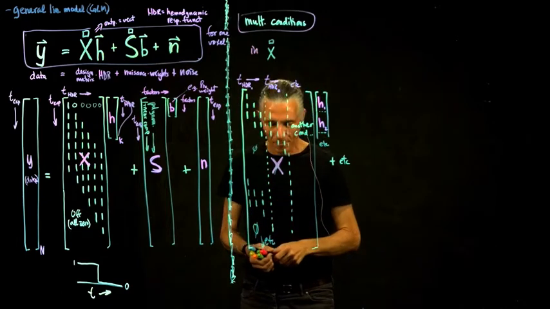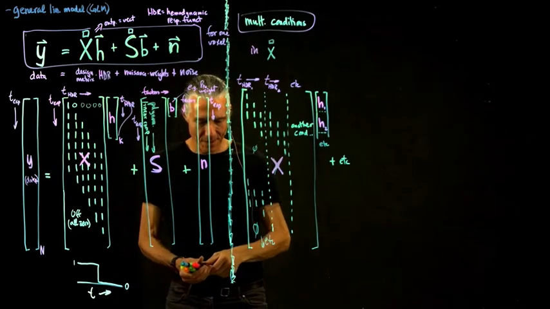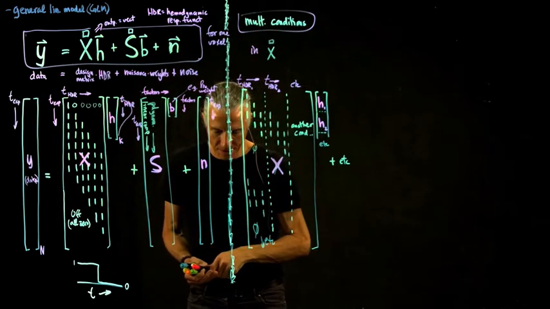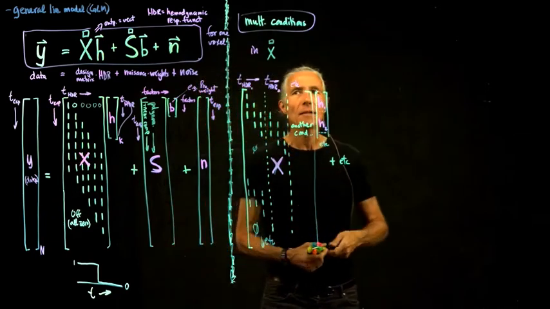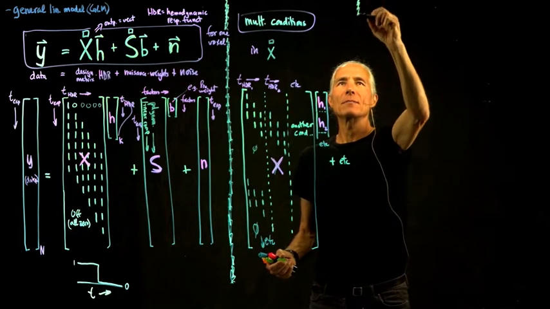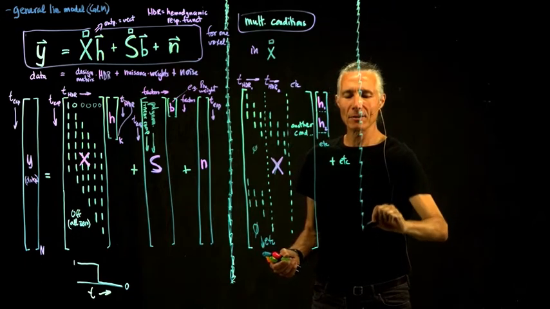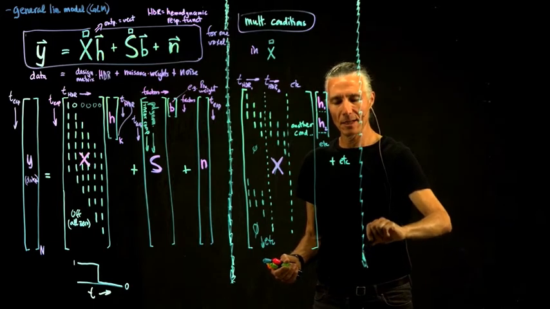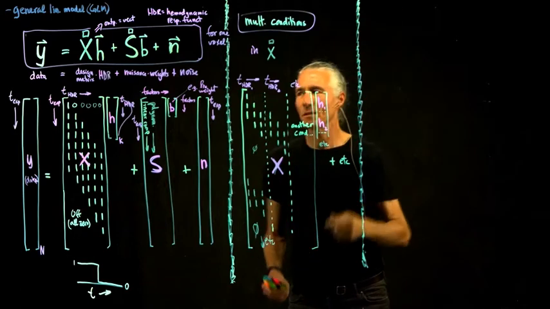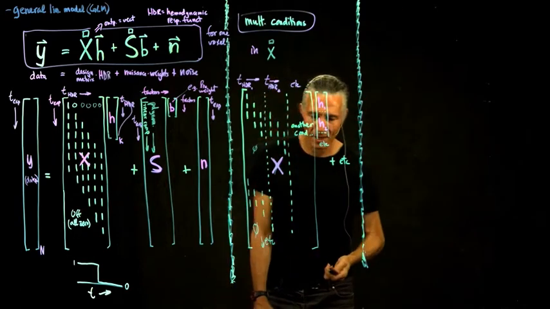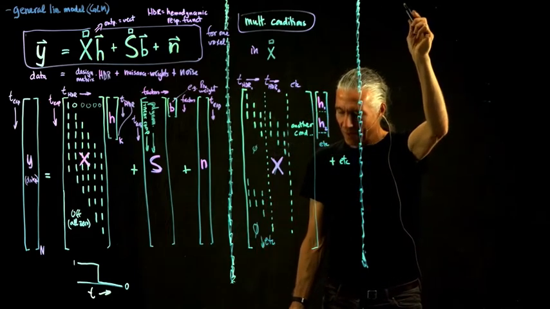So finally, sometimes if you read in the literature, you'll see the hemodynamic response or the experimental design matrix tacked on to the nuisance factor matrix. It's virtually the same thing, but a different way of looking at it.